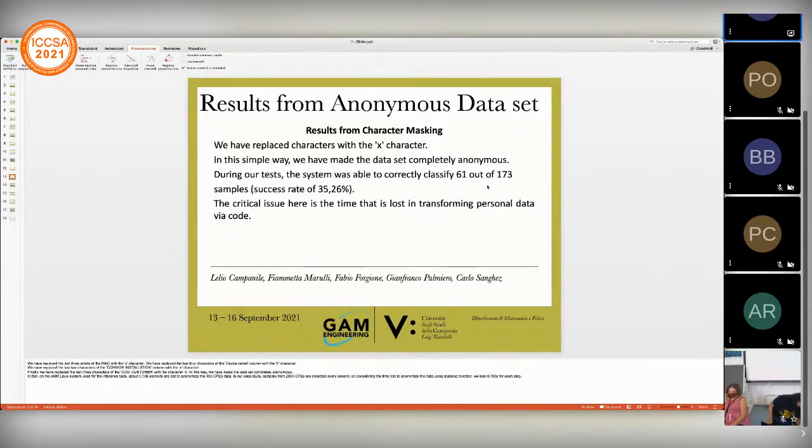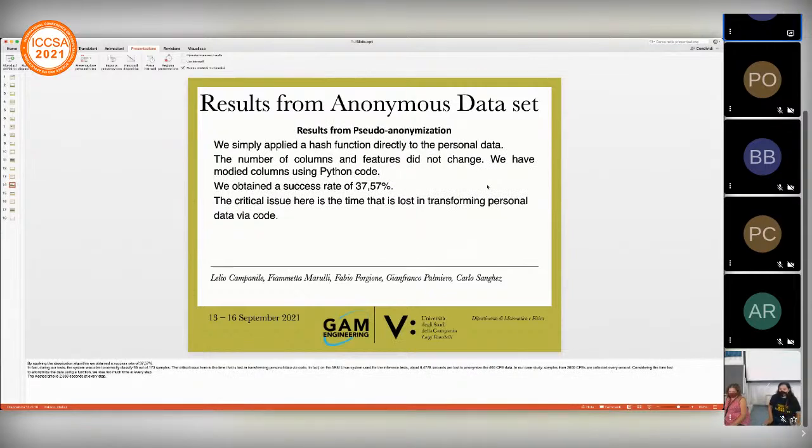And then we changed and we tried the hash function. In this case, we simply applied a hash function to the personal data. The results from pseudo-anonymization were good.